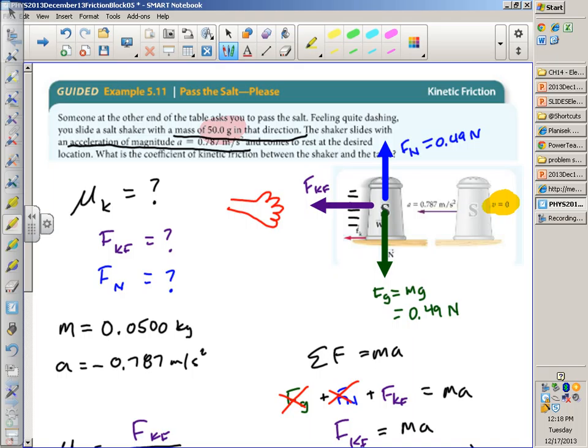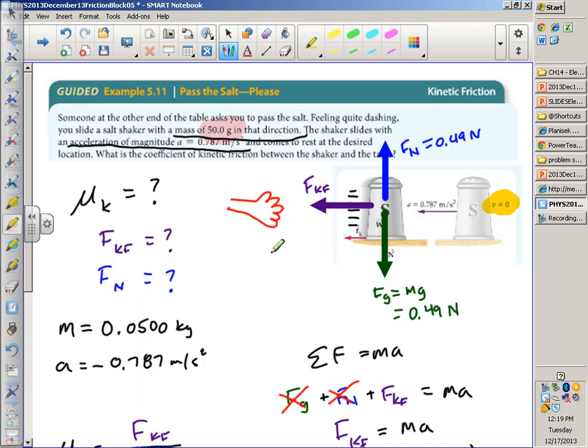Because the coefficient relates to surfaces. Even though we put more salt in this salt shaker, it's the same glass salt shaker on the same wooden table. The coefficient would remain the same. But these numbers would all be different. Okay?